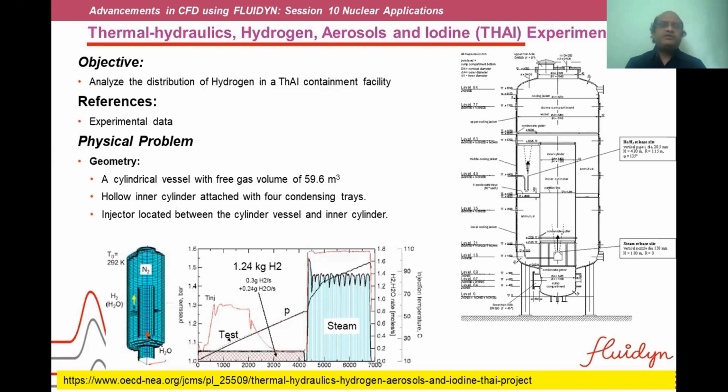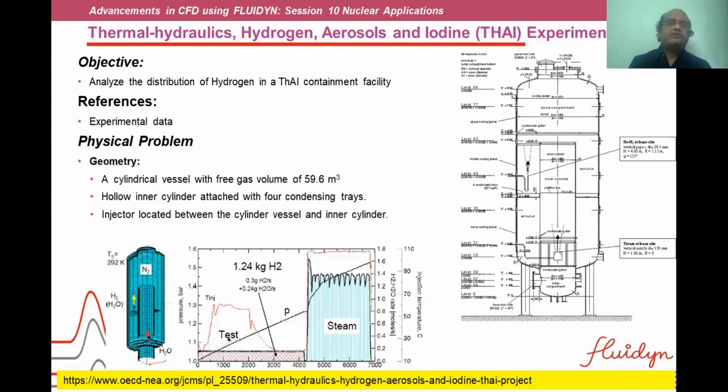So in one of the case studies, when we started developing certain models for the thermal hydraulic analysis of reactor fluids, we had done a simulation of one of the problems.